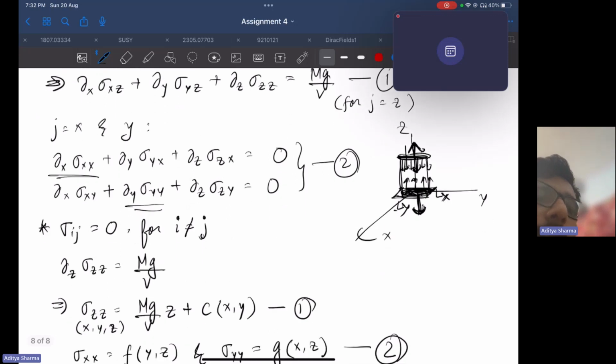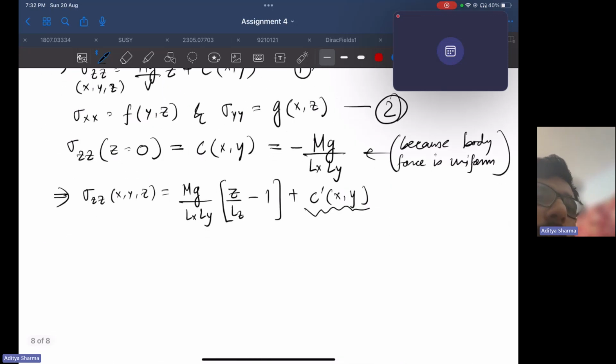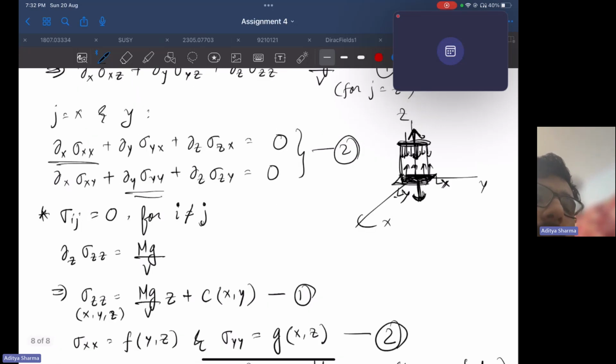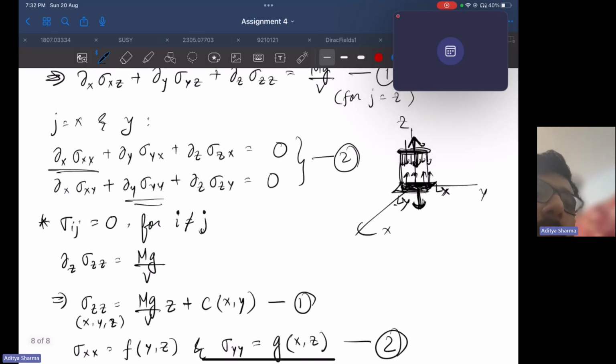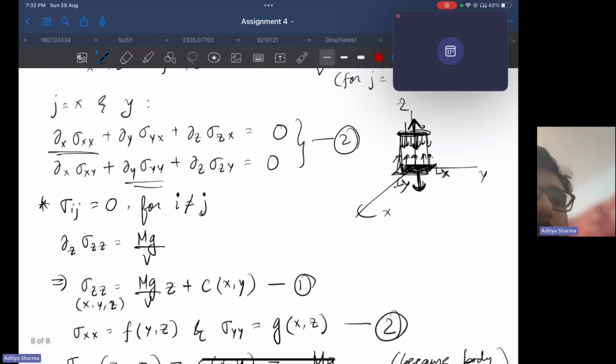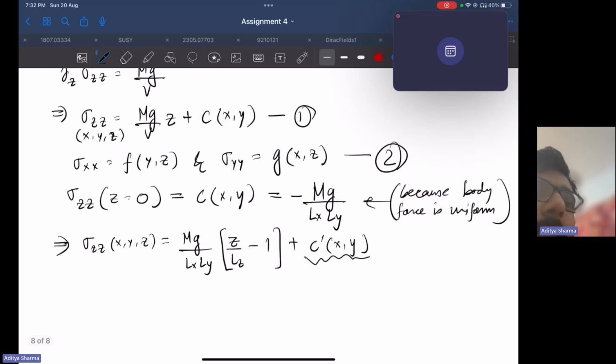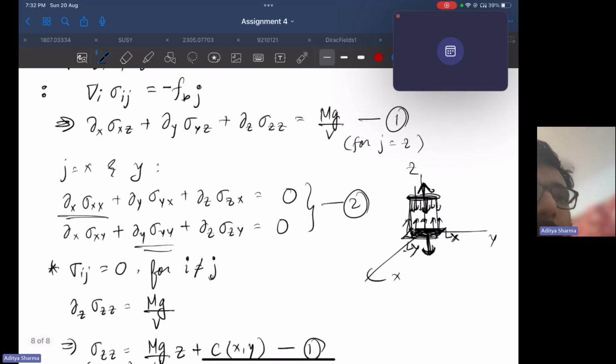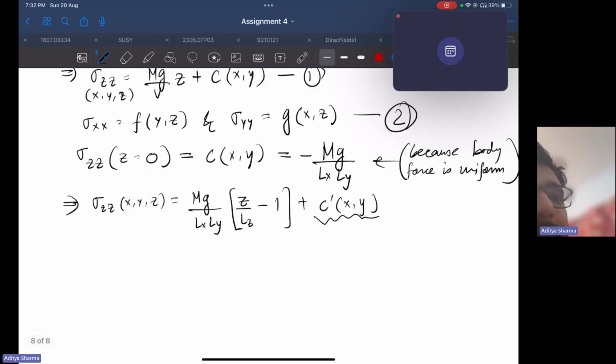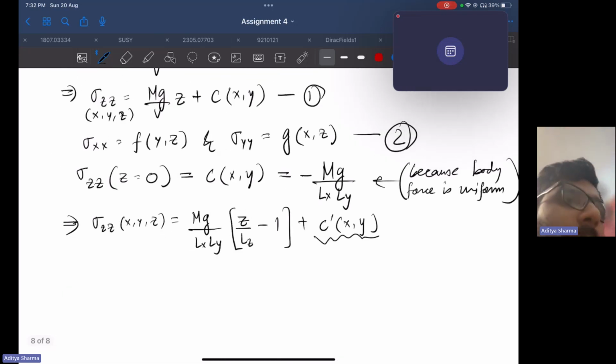Sigma zz is the stress in the z direction, and it is not being affected by the other directions as per the problem. Thus, we just have this.